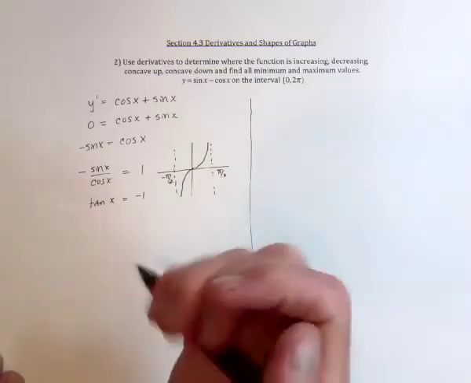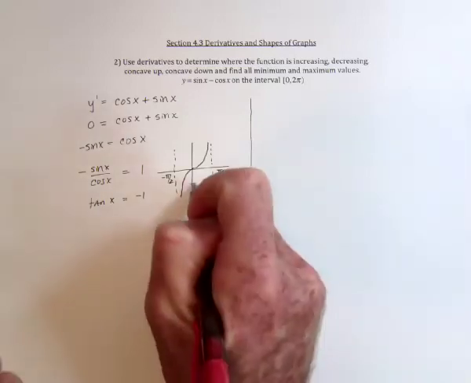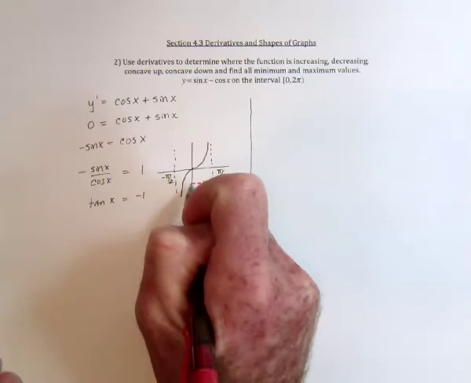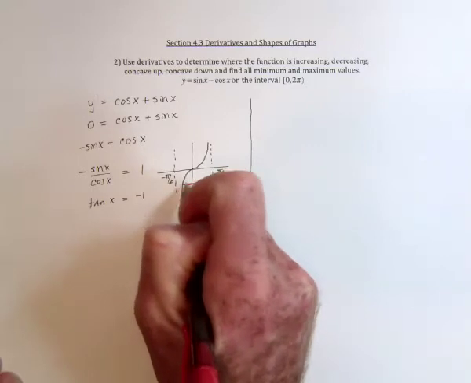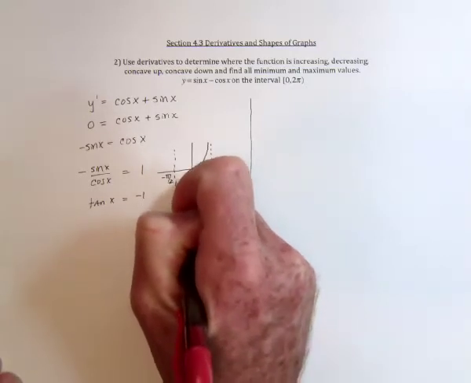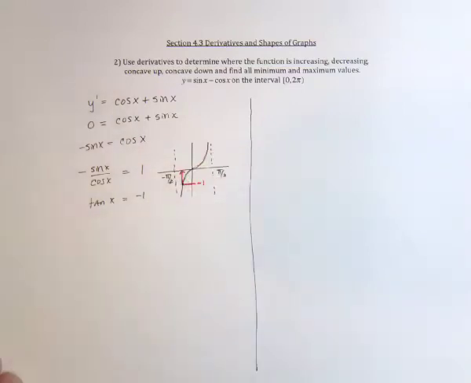So this is now asking, well, where does tangent equal -1? So down here's -1, and then the calculator, if we use tangent inverse, is going to find us that one right there.